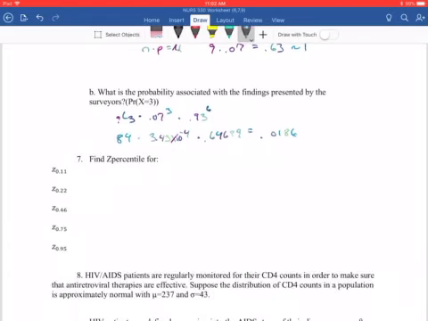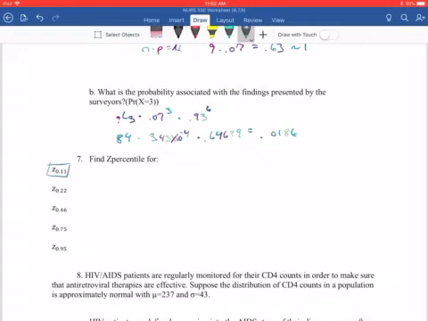The last one for this video is number 7. Find z percentiles. The way we find z percentiles is you go to the back of the book and find where you would find 11% in table B. I like to use the closest number without going over.